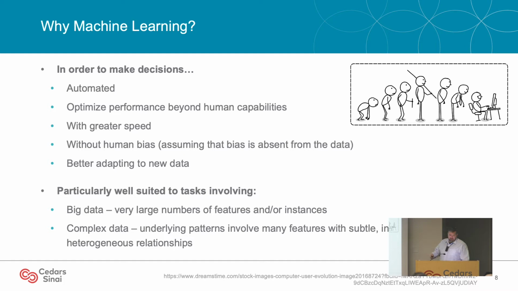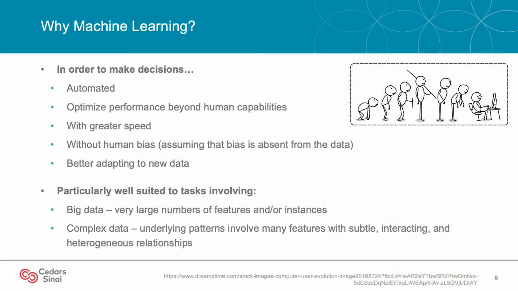And in particular, machine learning is really well suited to tasks involving big data, where you have many features or instances, and data that has complex patterns underneath it. So there are underlying patterns between our predictive features and our outcomes of interest that may be subtle. There might be noise there. You might have interactions between variables, or you could have heterogeneous relationships. And we'll talk about complexity a little bit more in a bit.